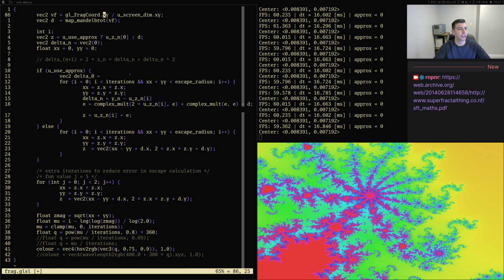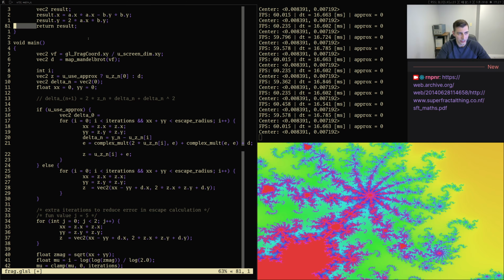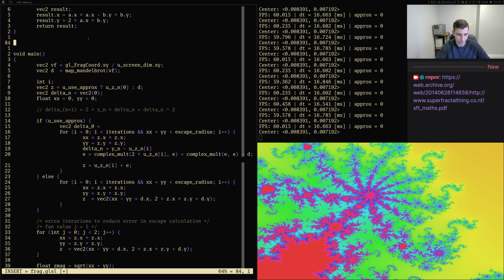Time to rename some of this nonsense. It might be nice to just have a function. I learned that you can actually have out parameters in functions in GLSL, which is a little helpful.